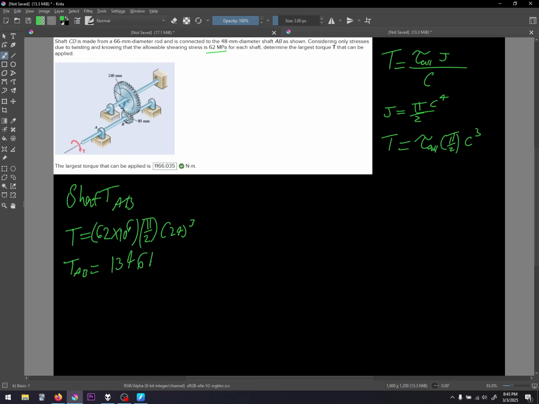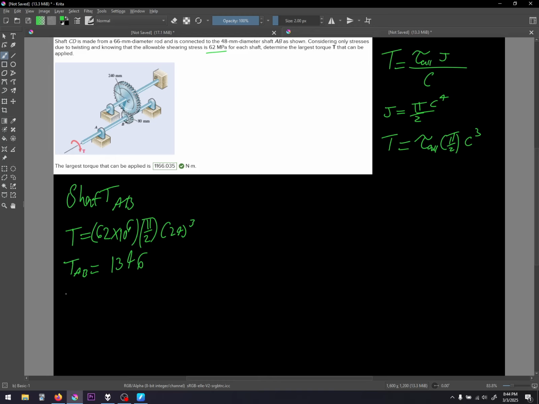I don't know the units, so I won't write it. Let's look at our units: meters and Pascal. Pascal meters? That doesn't make any sense. So I won't write anything right now. It's going to be Newton meters at the end. I'm assuming the torque is going to be Newton meters as is, but I won't write anything.